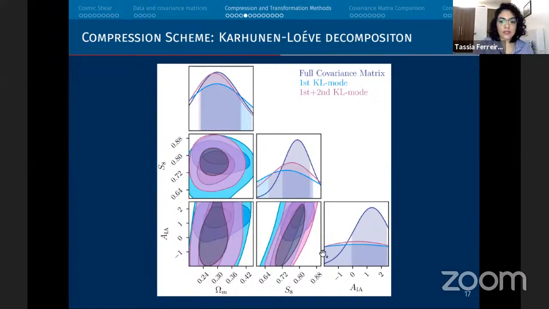But again, that's not the case for S8 and the intrinsic alignment parameter. And that's because the information for the intrinsic alignment parameter is mostly contained in the modes with low signal to noise. And again, if you're interested in the S8 parameter, which has a large degeneracy with intrinsic alignment, as we see in this plot here, then you want to be careful with the compression that you're choosing.